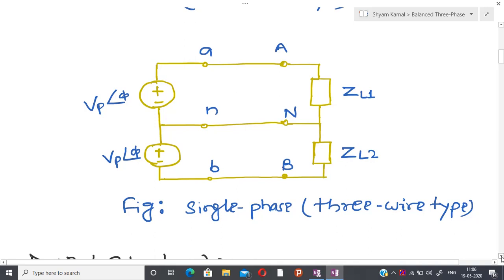In this particular system we have two identical sources. Here you can see Vp and phi is the angle. It is important to note here that Vp is the RMS magnitude. So I am talking about Vp, that is the RMS value.